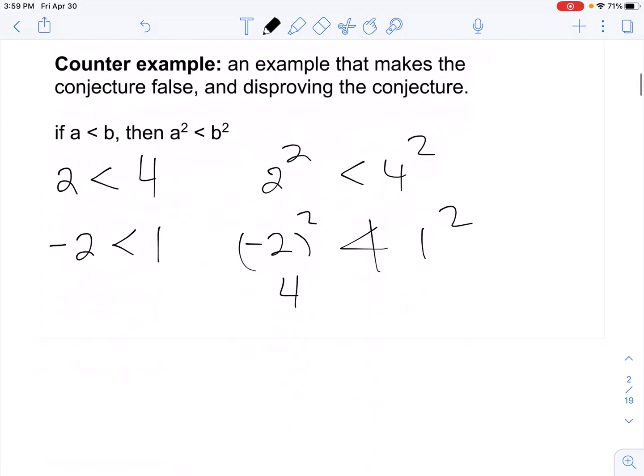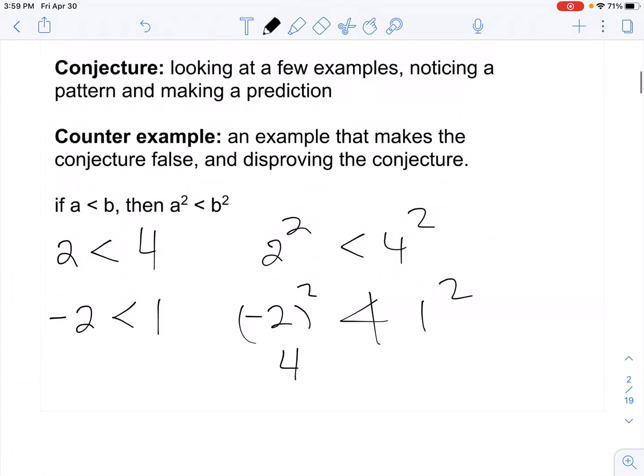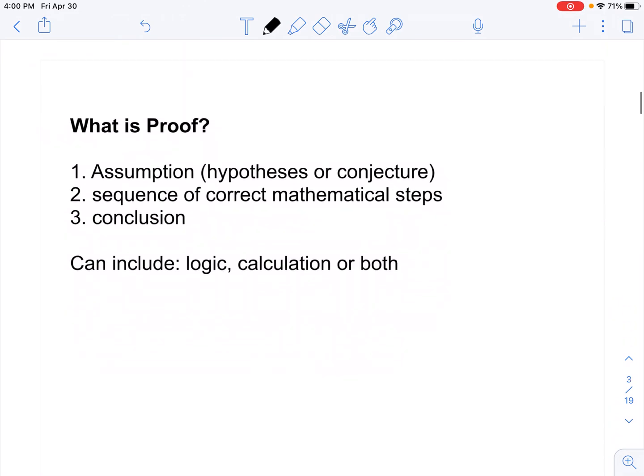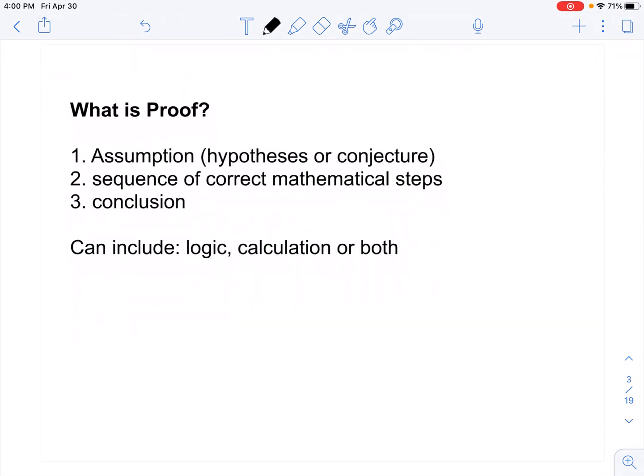All right, so we get that when a equals -2 and b equals +1, this is our counterexample. So, what is proof? Proof starts with an assumption, a hypothesis, or a conjecture.